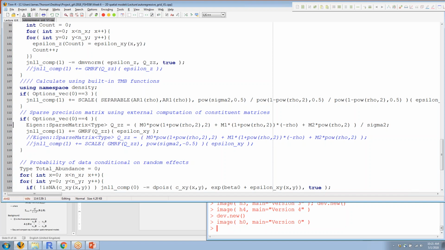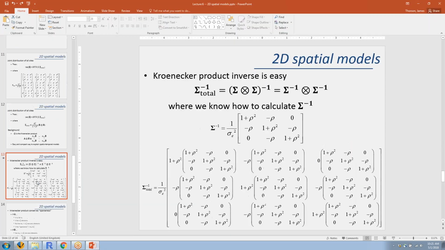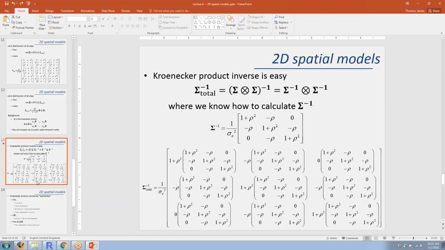And it uses these inputs M0, M1, and M2. So M0, M1, and M2 are me, having seen that this Kronecker product has this particular structure, where part of it is the diagonal across the whole matrix, part of it is the off diagonal, and then part of it is the cells that are diagonal from one another.